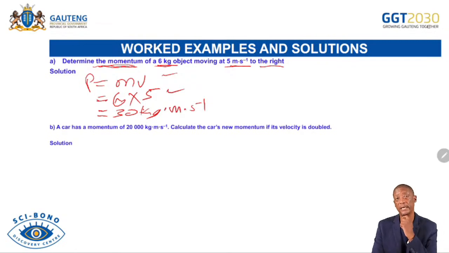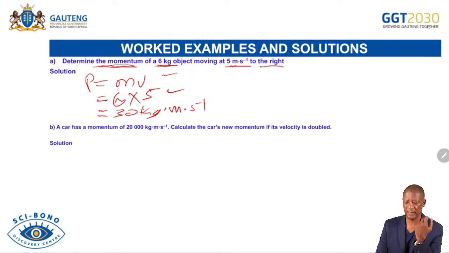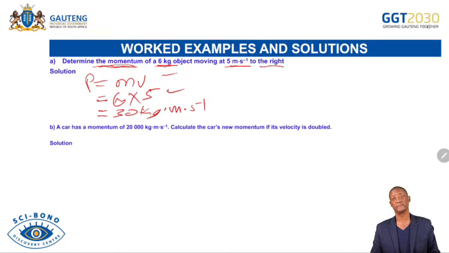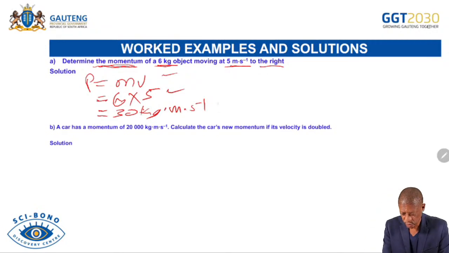But one thing is left. I'm in error. Why now? One thing is left. Remember, this is a vector. We are given a direction, they said to the right. So we have given a magnitude. Where is the direction? So you must write the direction, to the right.